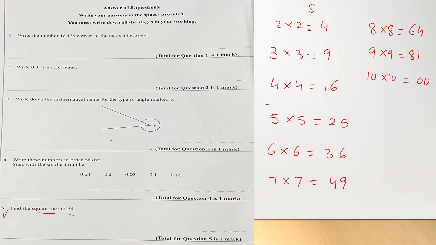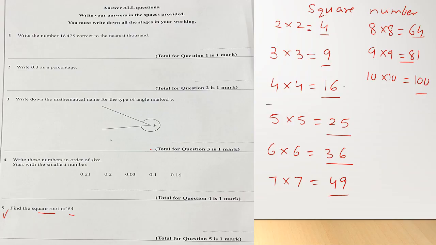So these are the square numbers: 4, 9, 16, 25, 36, 49, 64, 81, 100.